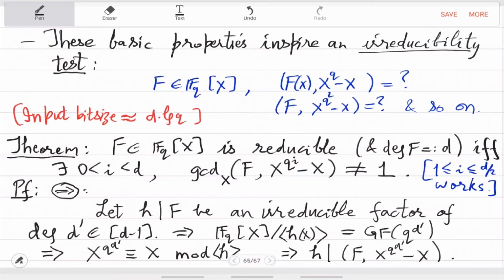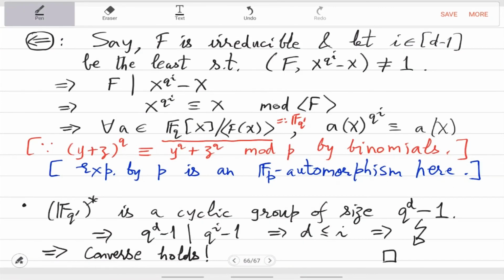The reason is actually in this slide, so you have to go through this. In particular, look at the last condition: q raised to d minus 1 divides q raised to i minus 1. What can you deduce from that? You actually deduce something stronger than what I have written, that d divides i.